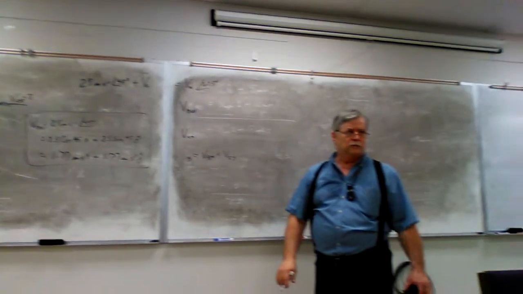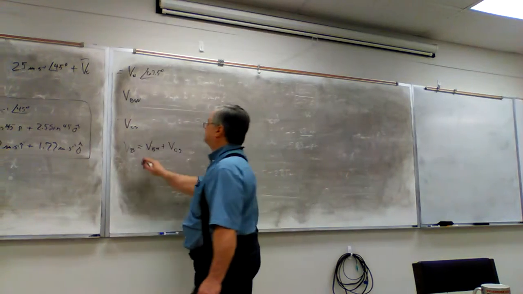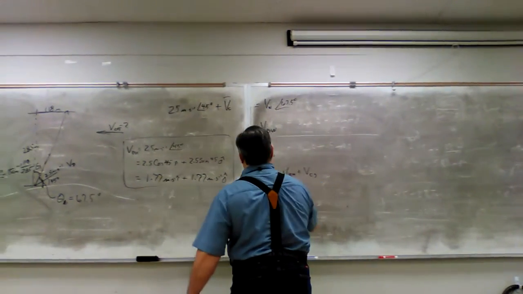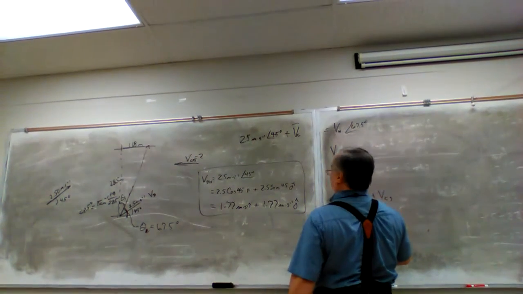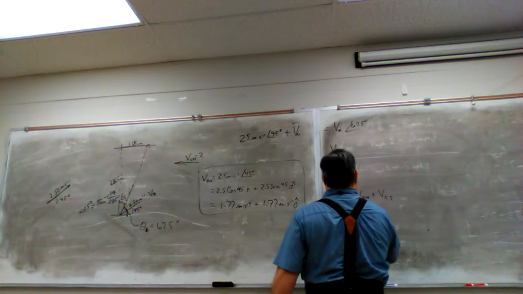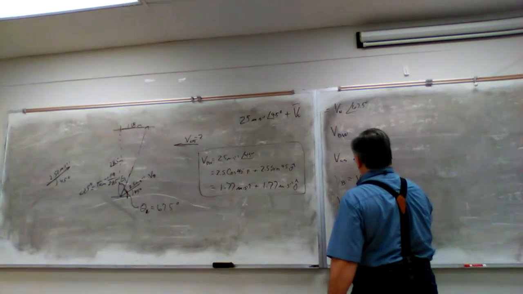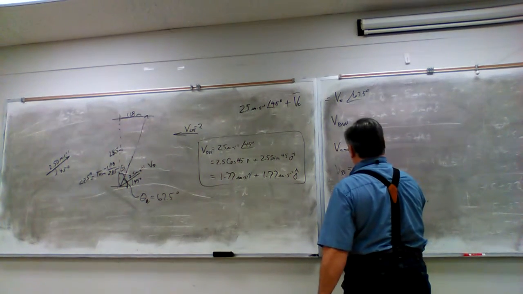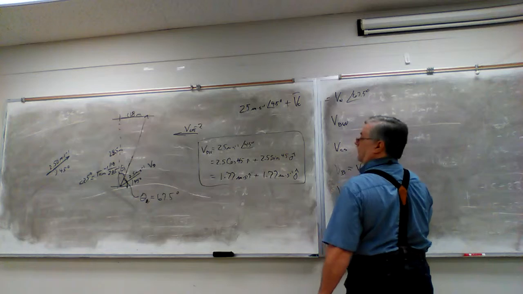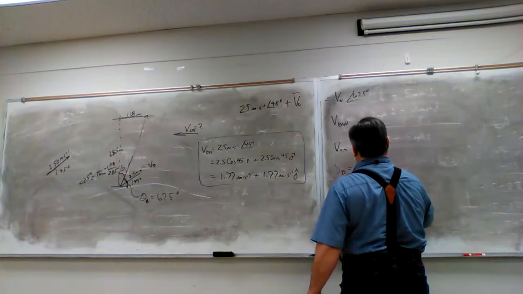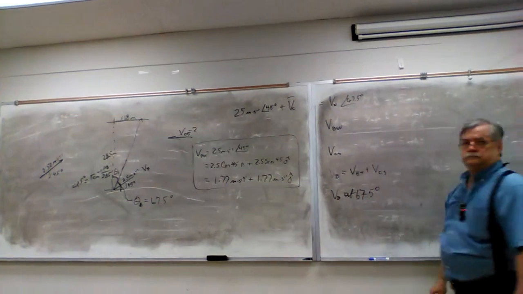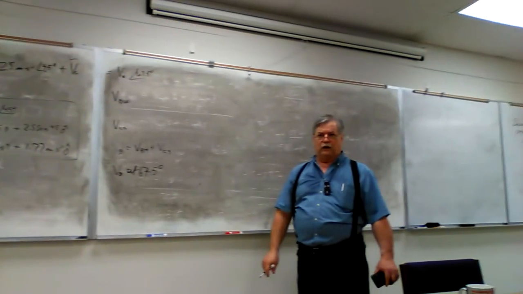Okay? We don't know the magnitude of the velocity of the boat relative to the shore, but we know that it will be at an angle of 67.5 degrees. Okay?